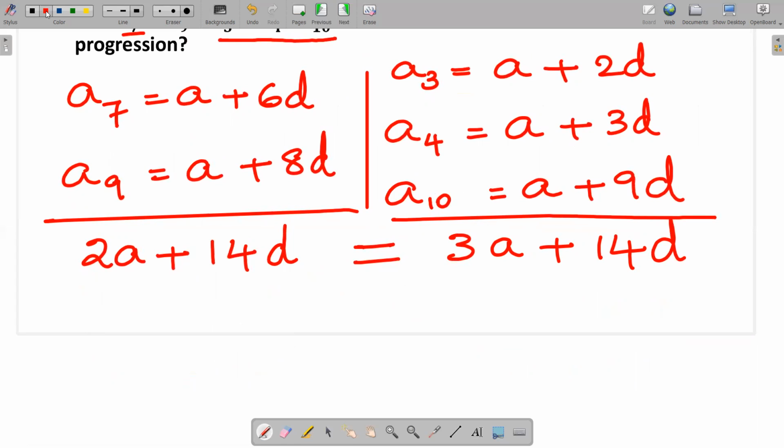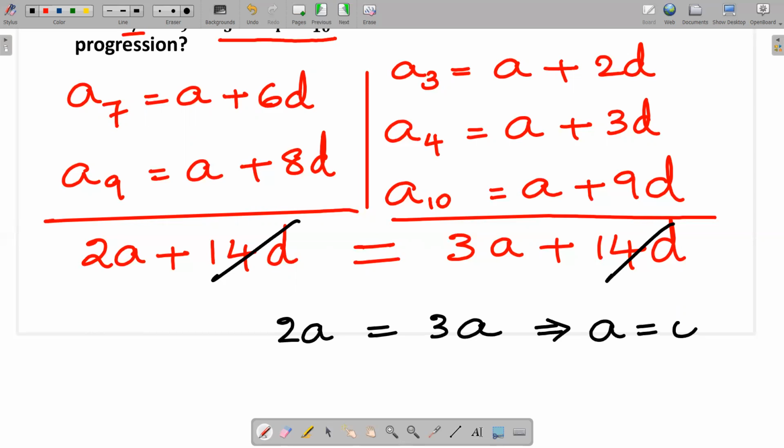We can see 14D is present on the left-hand side and right-hand side of the equation, so we can cancel the same. This gives us the result 2A is equal to 3A, and from this, we can conclude that A is equal to 0. All right.